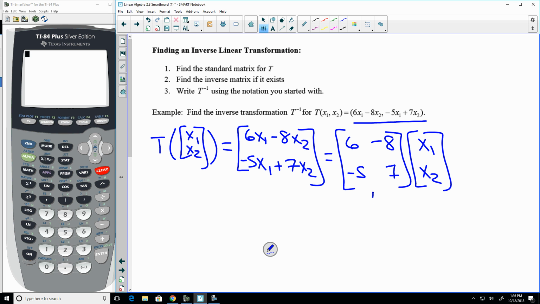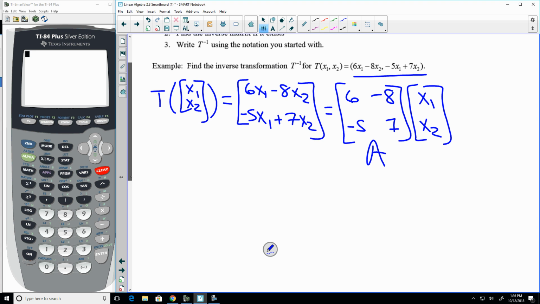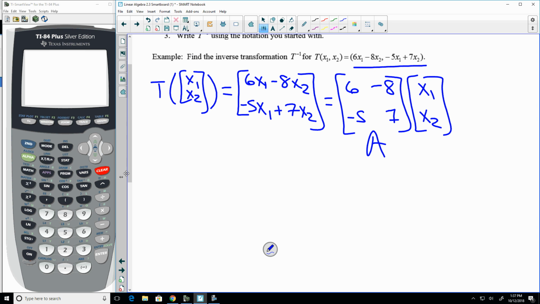So this is our standard matrix A. That's the one we'll call A, the standard matrix. So we need A inverse.